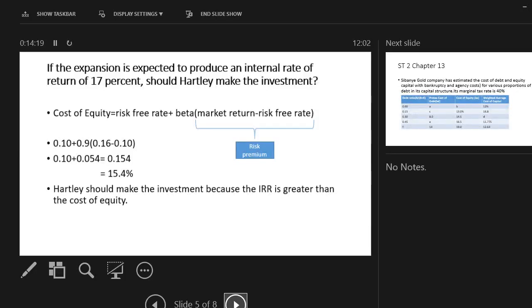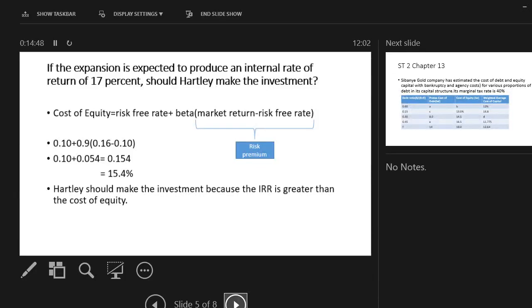Here, everything is the same. Your risk-free rate is the same. Remember, you are calculating the cost of equity now, so you need to go back to the CAPM model, where we look at the risk-free rate plus the beta multiplied by the risk premium. The one we did last week was the expected rate of return.